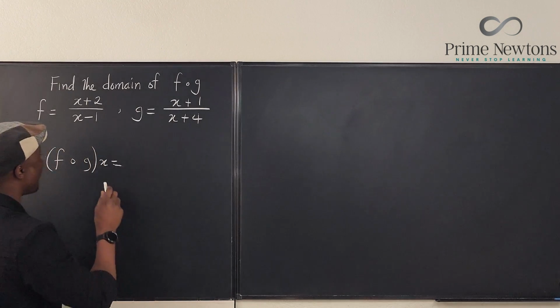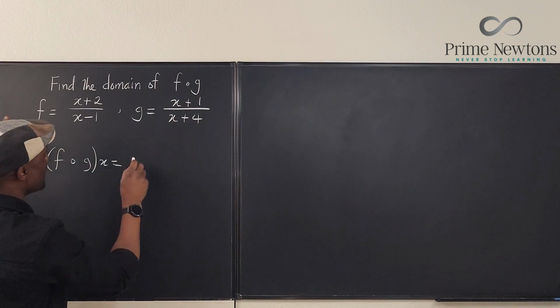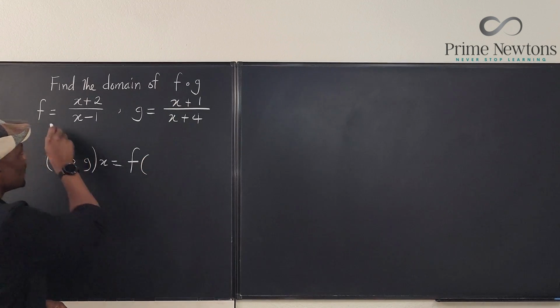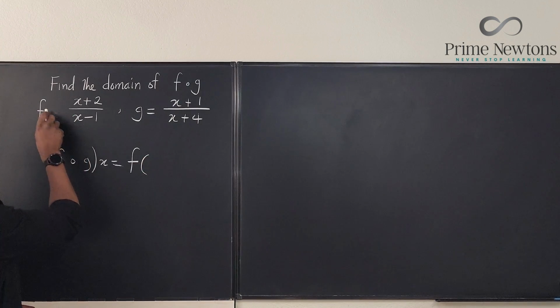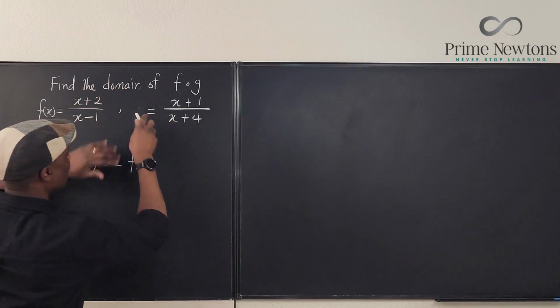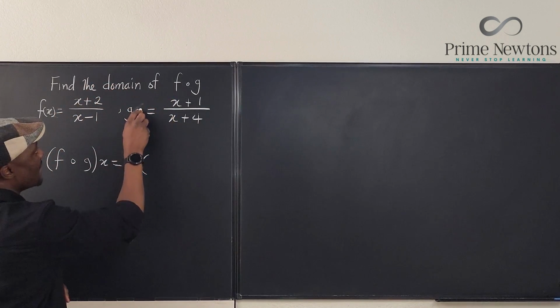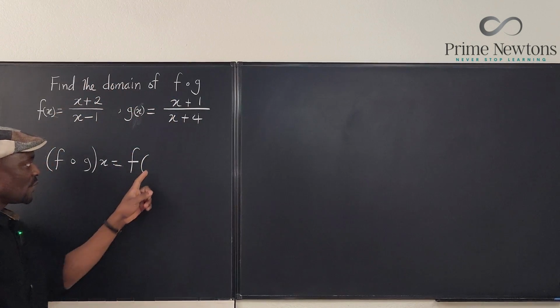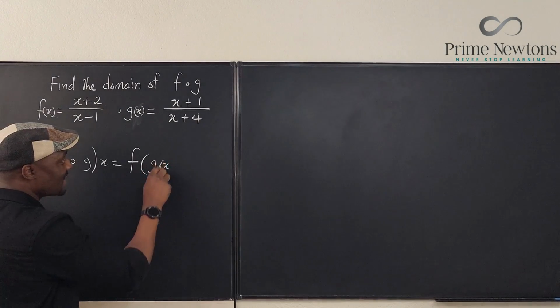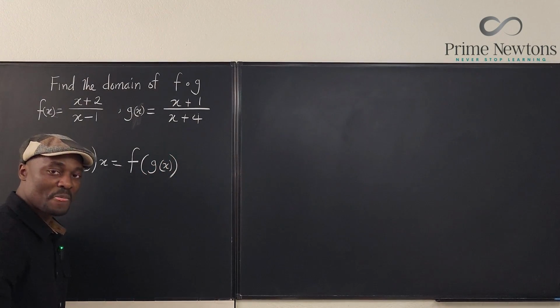So what we're going to have will be f of the input. This was f of x, let me write it correctly. This is f of x and this was g of x. The new input is no longer x, it is now g of x. That's the meaning of composition.